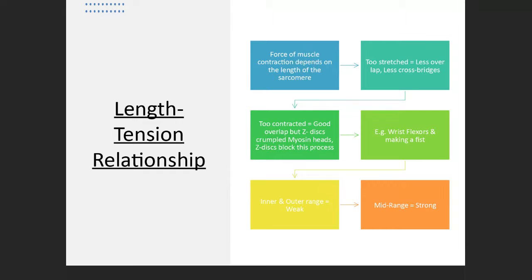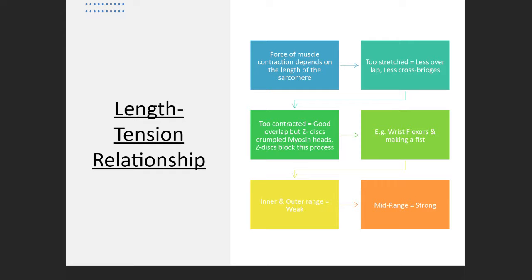Just type in the chat box what we mean by passive insufficiency. You've done this to death in AMP1, I'm sure. Give us a nice definition of passive insufficiency. Yeah, you can't stretch if the muscle goes over two joints.